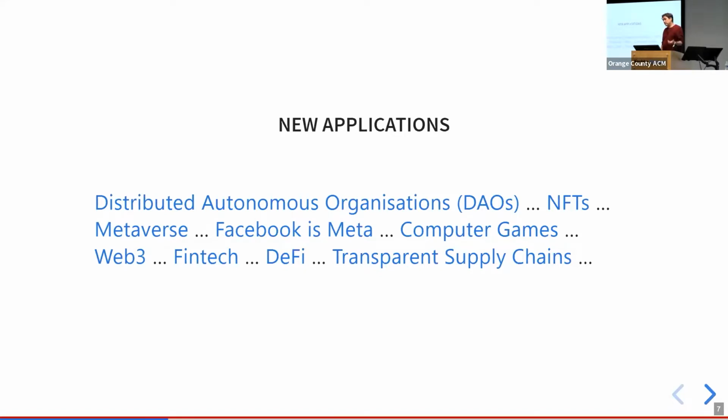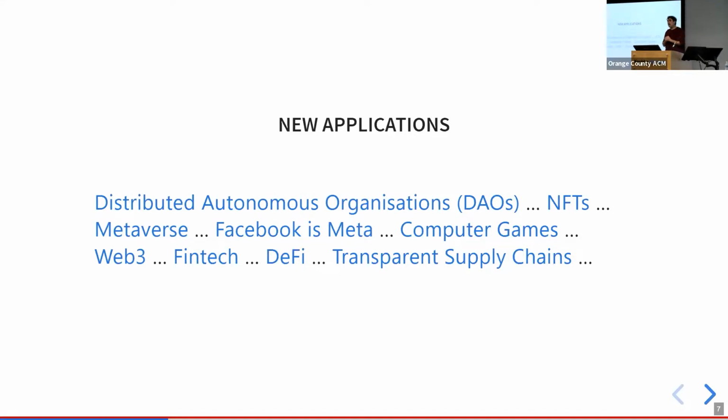Distributed autonomous organizations promise us that we can run business without intermediaries. It's all in code. People just interact with the code. There's no problem with needing a lawyer or escrow. Everything runs on the blockchain.